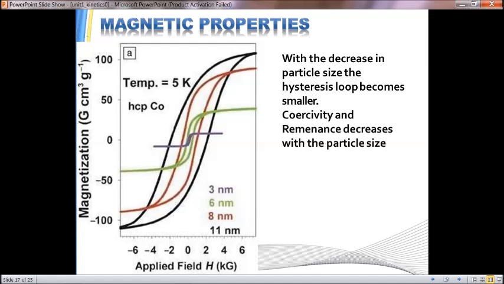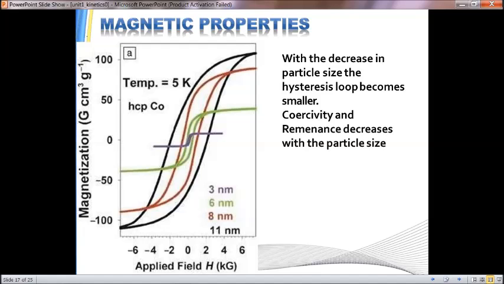As the temperature increases, the magnetization effect decreases. That's given over here. So for 3 nanometer, the hysteresis loop is very small, and so the magnetization effect is very small. With the increase in size, that is with 6 nanometer, increased magnetization effect is noted.